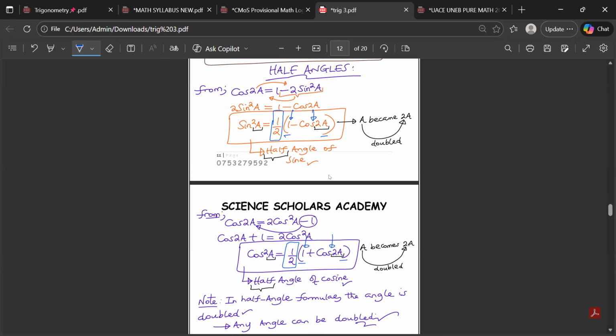So since this is cos and cos, they are the same, so we shall put a plus. You all know same signs positive. But since this is sine and this is cos, then this will be a minus. I don't know if you people understand.